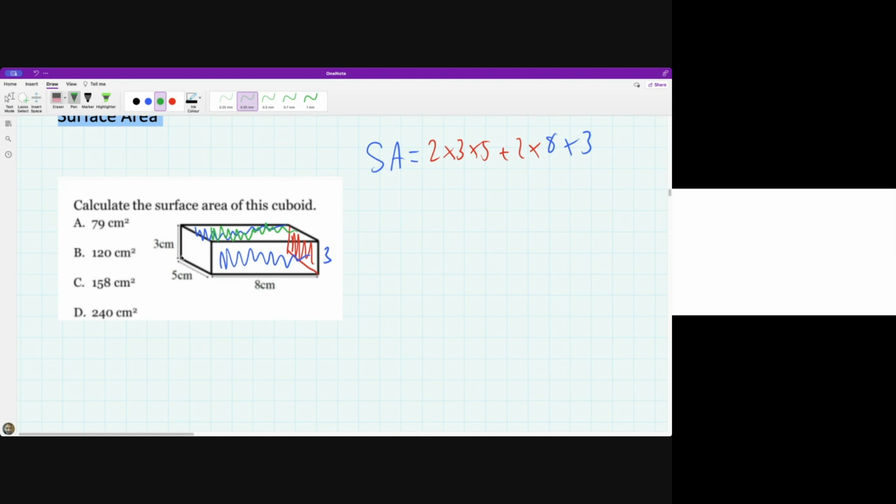So plus 2 times 8 times 5. So that would be 30 plus 48 plus 80, 78 plus 80, and what do you guys get? 158? I get 158. Anybody with me on C?